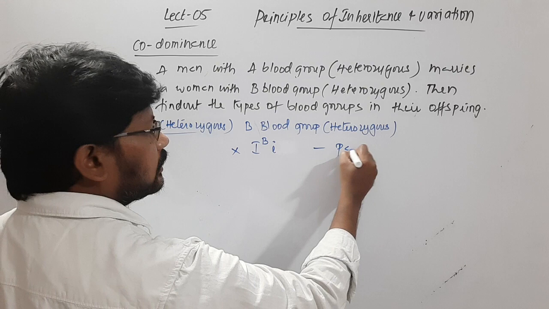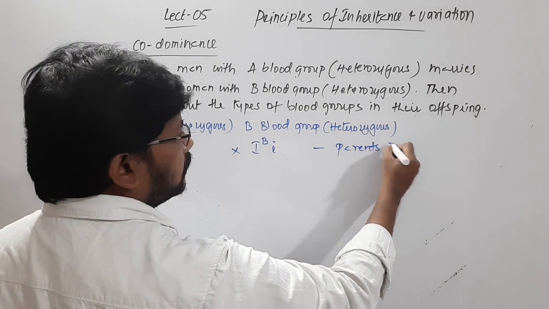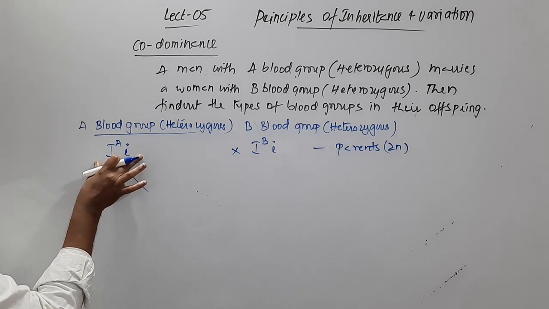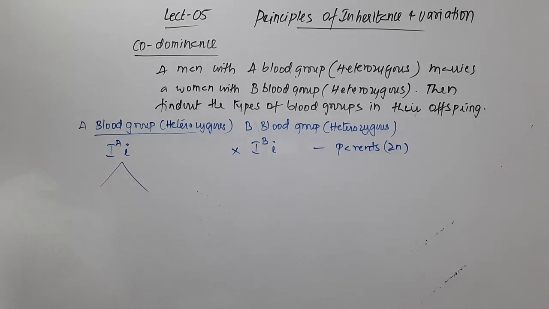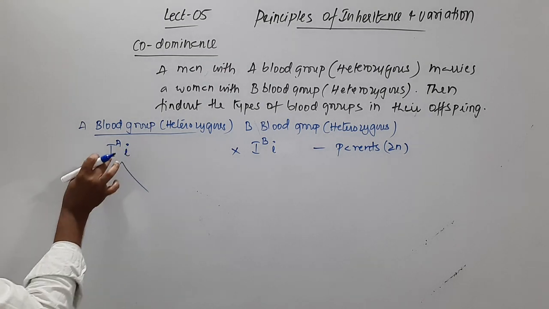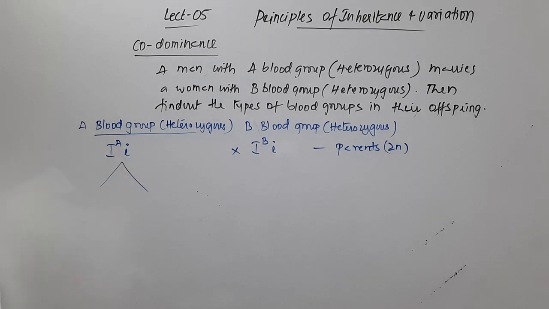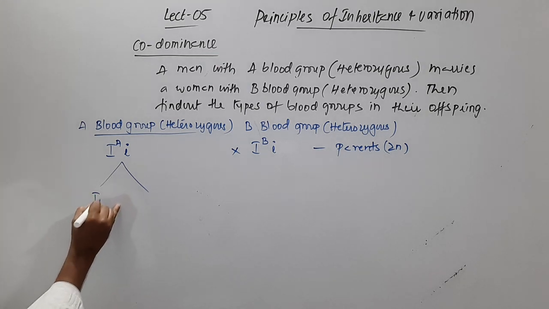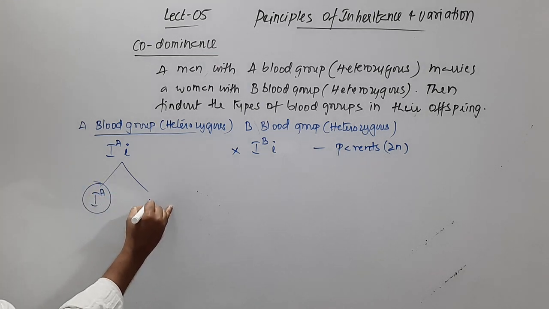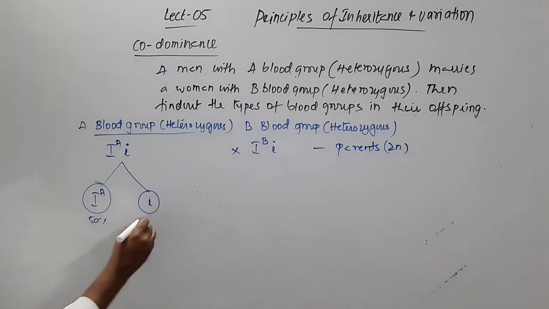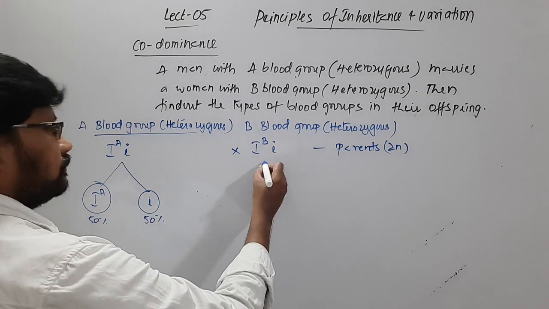So here the parents are 2n. Now during the formation of gametes, we know that these are two different alleles and they get separated in a 50-50 ratio. So 50% of gametes will have IA and 50% of gametes will have small i, the recessive allele.